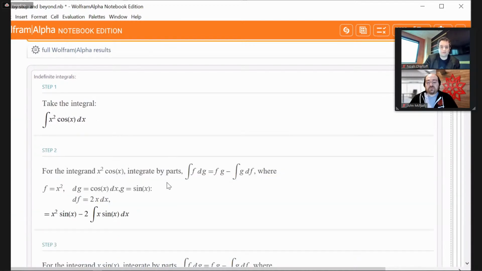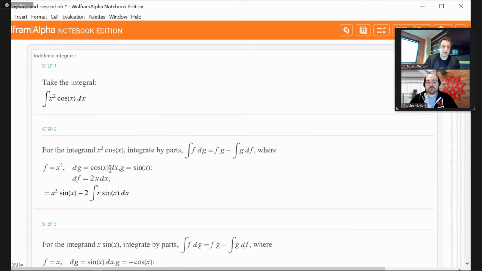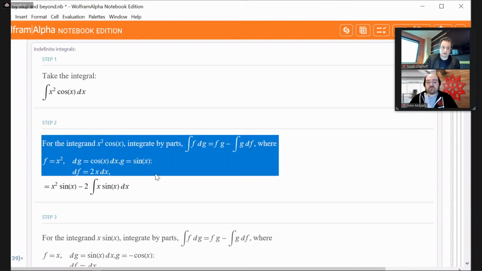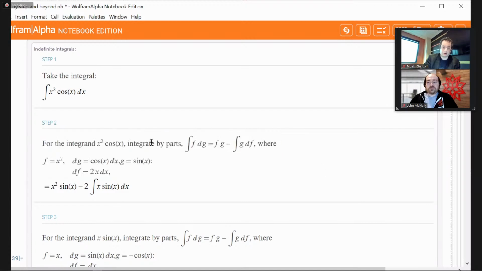Again, people who have taken some calculus courses will recognize integration by parts, which is extremely helpful, but easy to get lost in. So this takes you through all the steps, reminds you of the rules of integration by parts, describes what all of the parts are in this particular problem, like that f is x squared and dg is cosine of x dx, and all those other nice things.